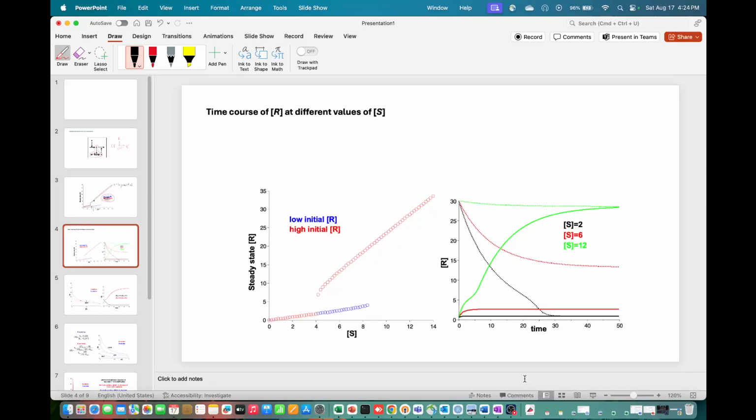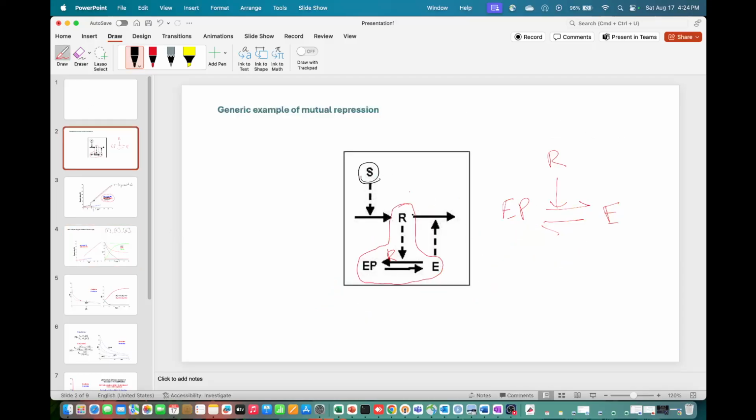Now let us see. Actually, this was the one that I was showing. We have three concentrations that we are interested in: S, E and R, mostly E and R, but the value of S actually determines the degradation of R. So S is contributing to the increase of R, and S is also contributing in some way to the decrease of R, because an increase of R will lead to the formation of E, which will in turn decrease R. dS/dt will not exist because S is an enzyme in this reaction, so the concentration of S will not change.